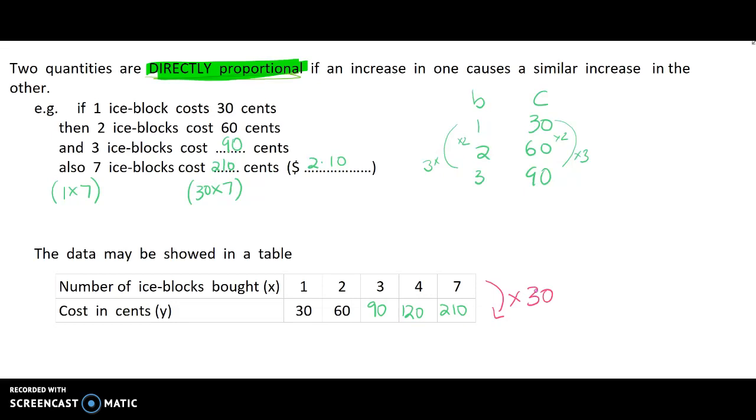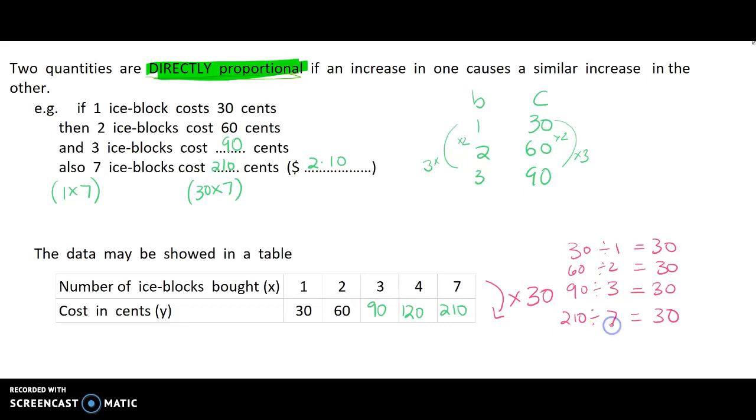Okay, let's check. For the first one, 30 divided by 1 gives us 30. 60 divided by 2 gives us 30. 90 divided by 3 gives us 30. 210 divided by 7 gives us 30, I made a mistake again.